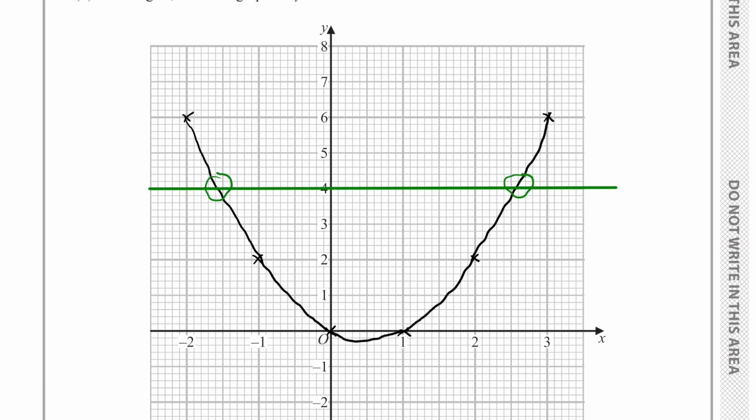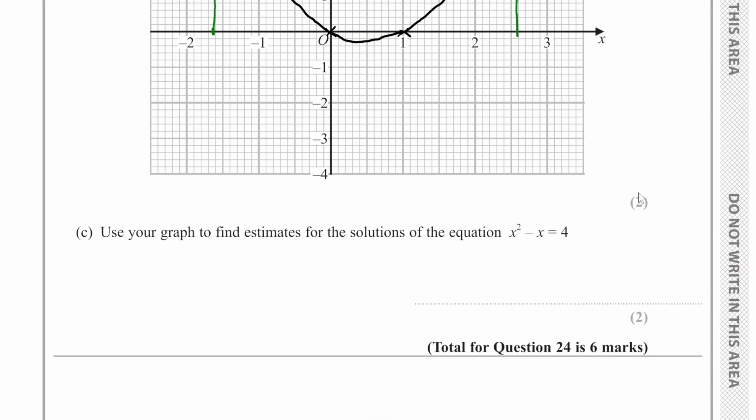What are the x's for that? So it looks like negative 1.6 and 2.6.